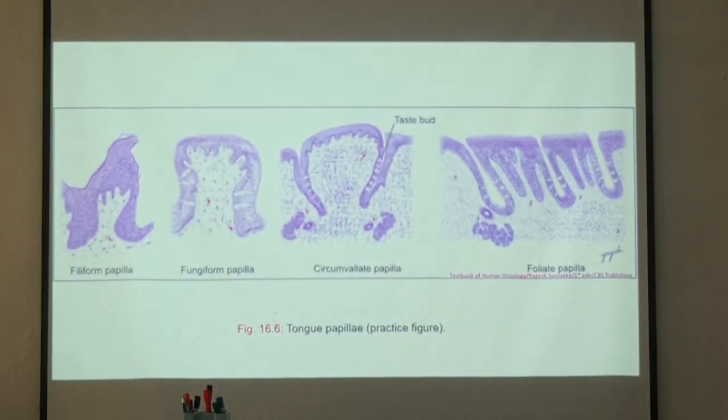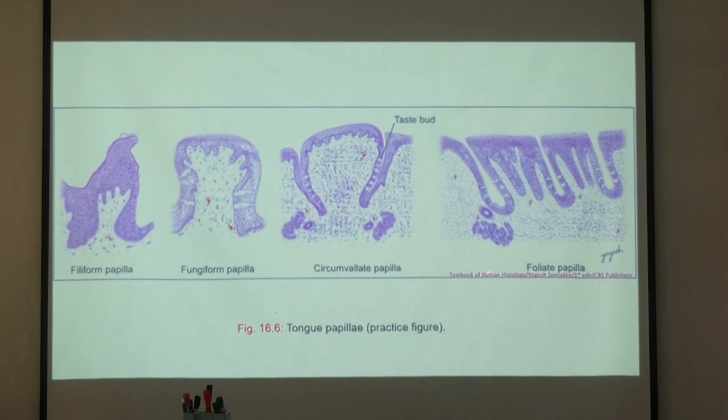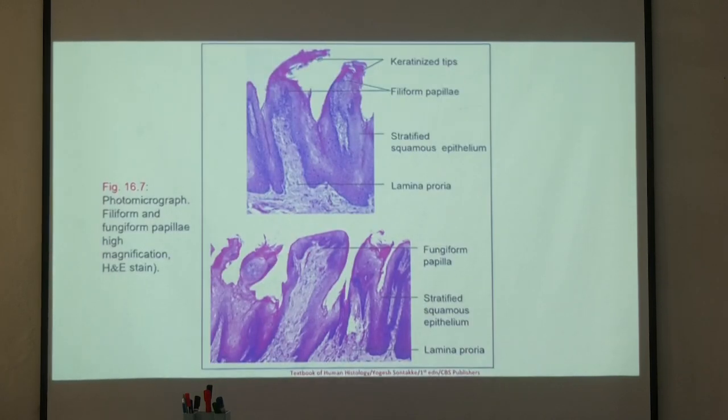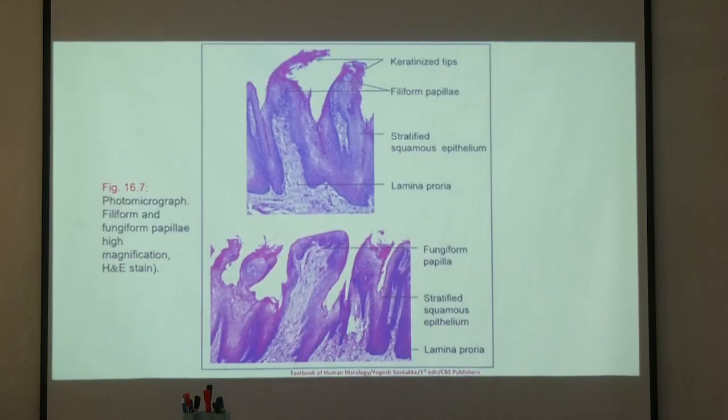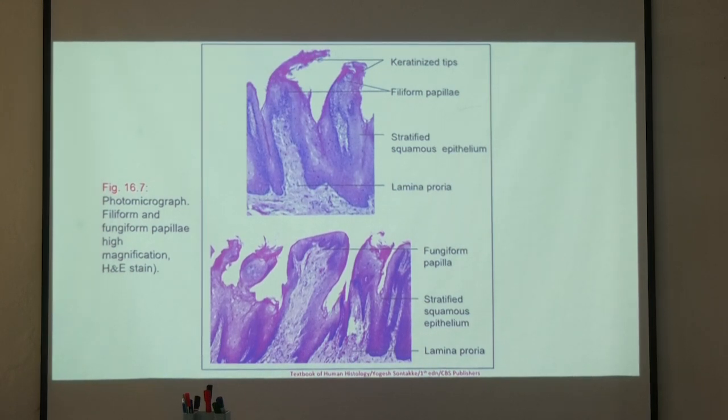And foliate papillae. This is the foliate. Now, filiform and fungiform papillae at high magnification.